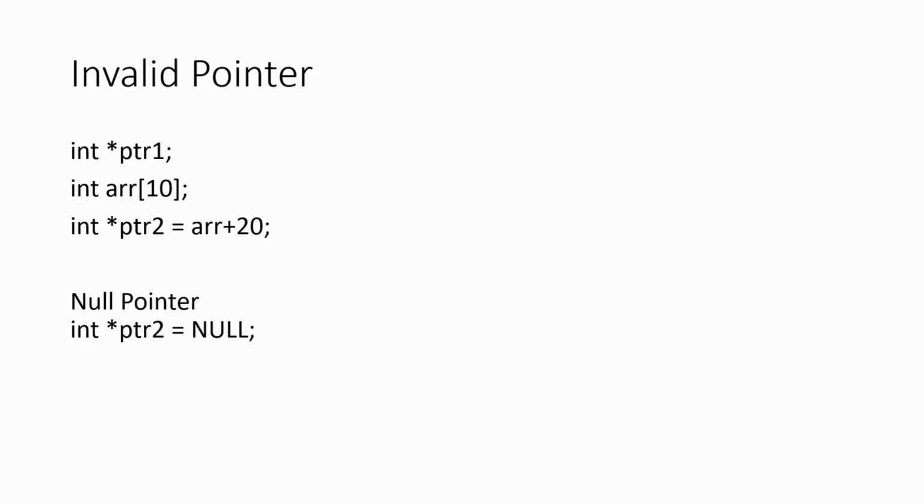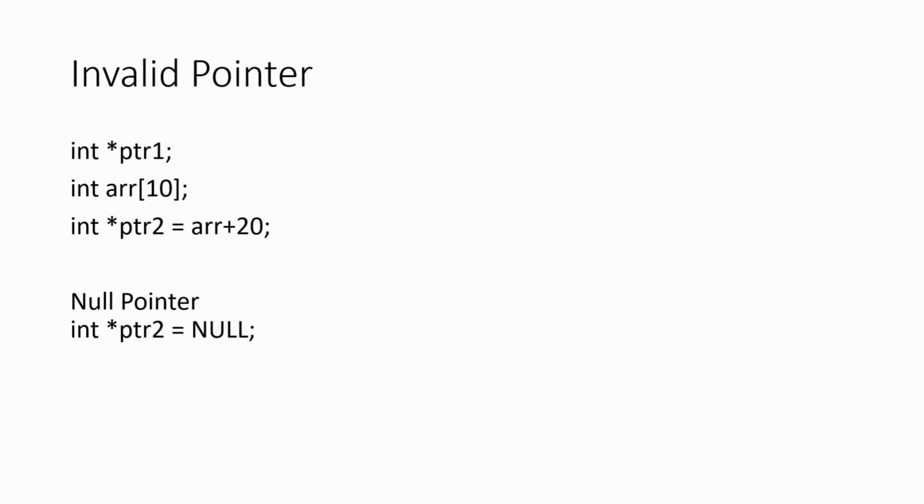Now there are two other things that I should touch upon, which are important, and you'll run into this quite often. One is an invalid pointer, a dangling pointer. I don't think the book mentions it, but I'll keep calling it invalid pointer for the sake of simplicity. And then there's a null pointer. So you've got a PTR1, and then you get this PTR2.